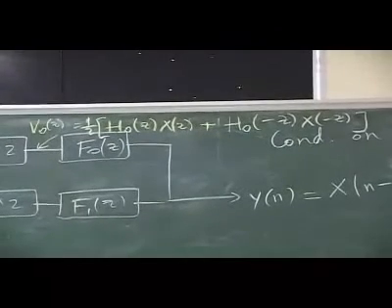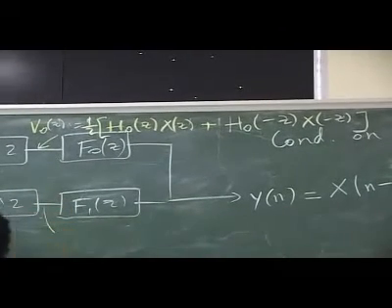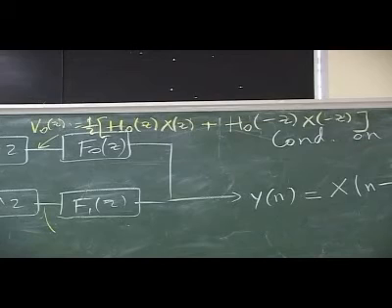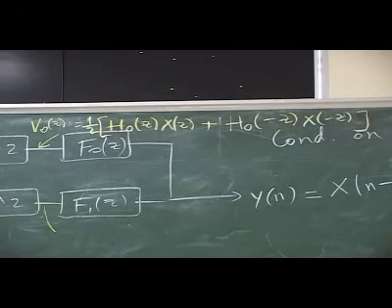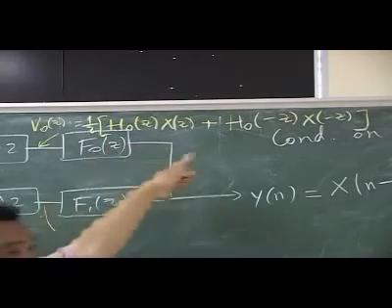Okay. How about the bottom branch? The only difference here is H0 replaced by H1. So I'm going to copy exactly the same form, replacing 0 with 1.